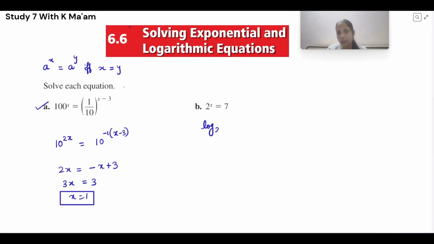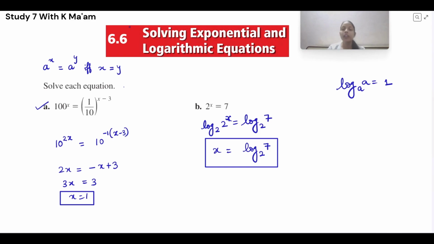Log base 2 of 2 power x, and log base 2 of 7. And the property log base a of a is 1. So you will get this is 1, only x will be left here. x is equals to log base 2 of 7. Done.